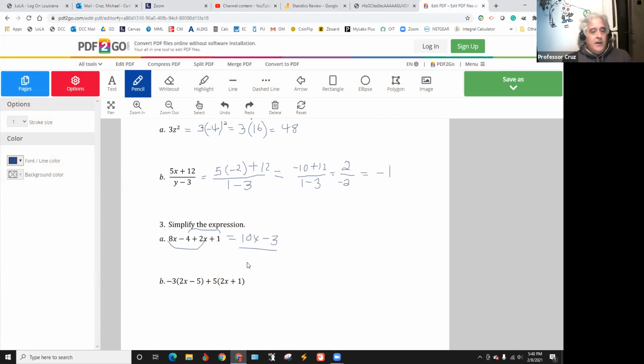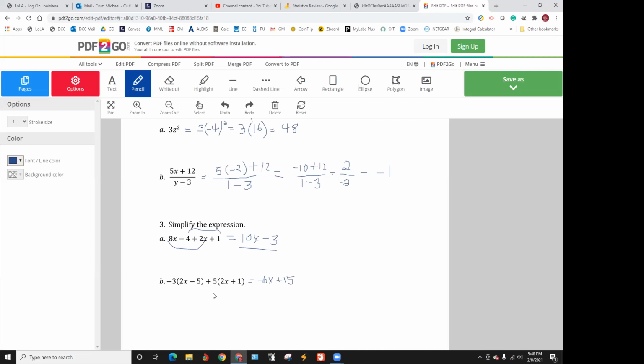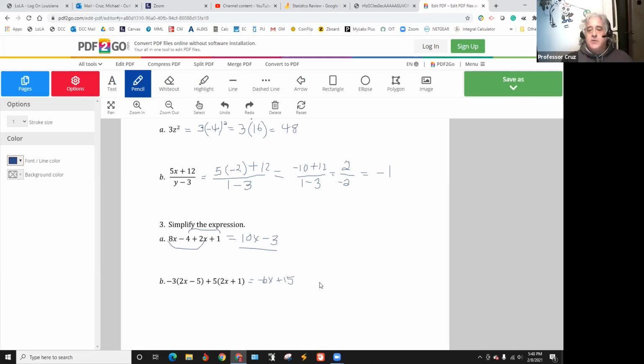The next one, we got to distribute some. Well, we got to distribute twice. So it's going to be -3 times 2x is -6x. -3 times -5 is +15, right? Yep. And then here, 5 times 2x is equal to 10x.